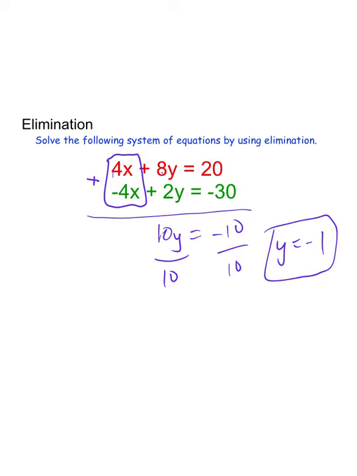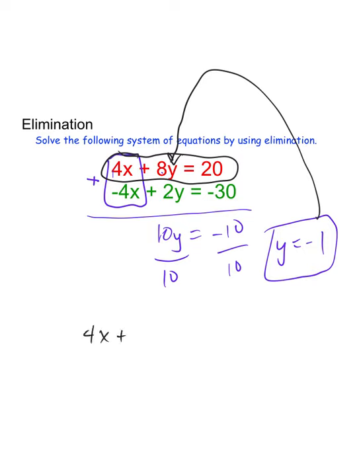Now our goal is to just find whatever equation we think is going to be easier to work with and substitute negative 1 in for y. When I look at these two equations, personally, I think the first equation looks a little easier to work with because everything's positive on both sides of the equation. So what I am going to do is I'm going to take negative 1 and put it right in for y, and I'm going to solve that equation.